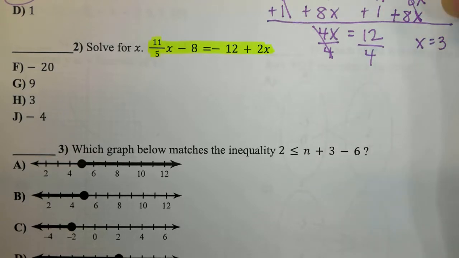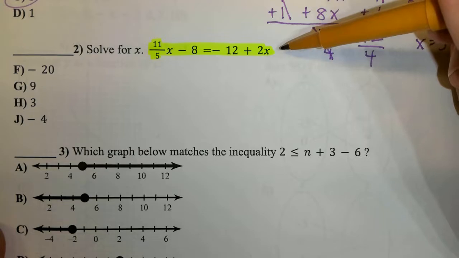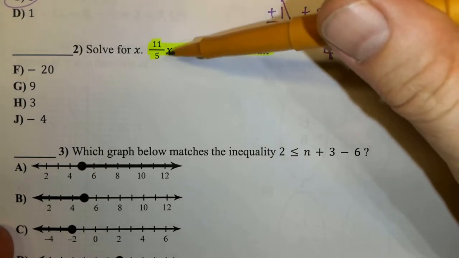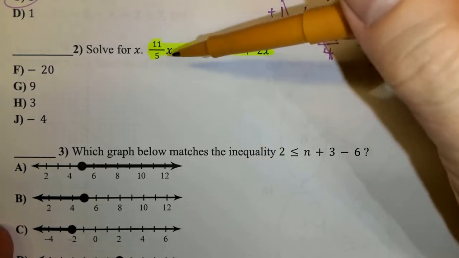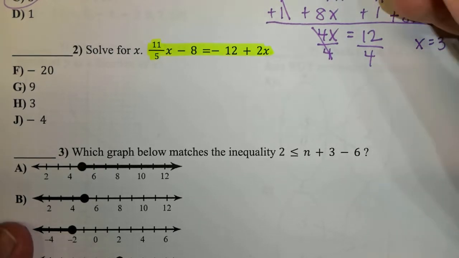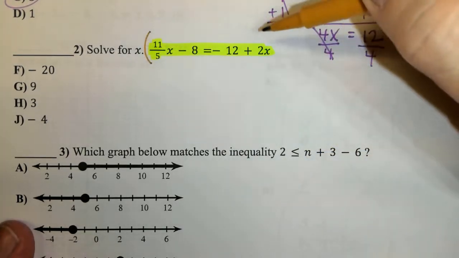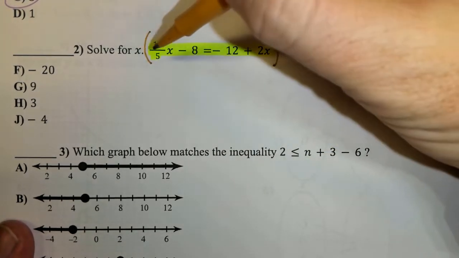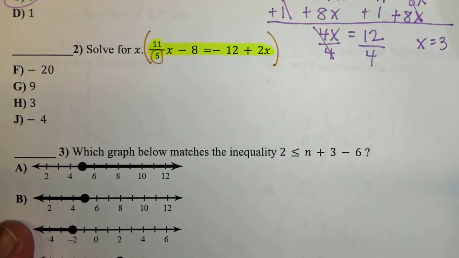And since a lot of y'all don't like fractions, which is fine, if I have something as simple as this, where I only have one fraction and everything else is a whole number, I can go ahead and just get rid of that one fraction now. It'll make things a lot easier, because then I don't have to worry about dealing with the fraction and messing up somehow. So all I'm going to do to start off is multiply everything by my denominator, which is 5.